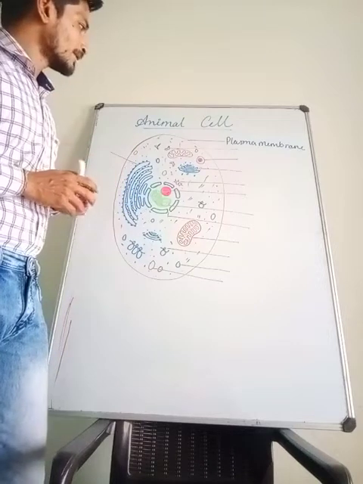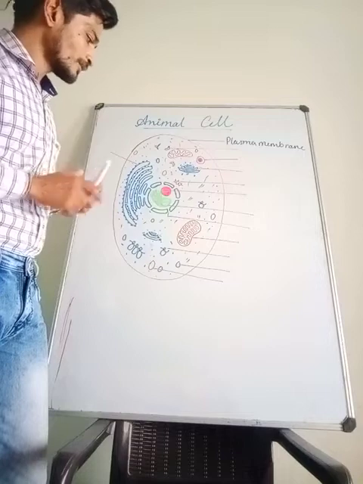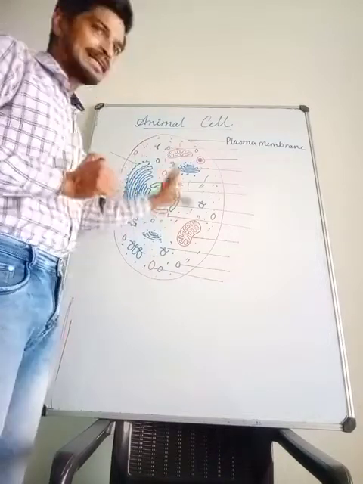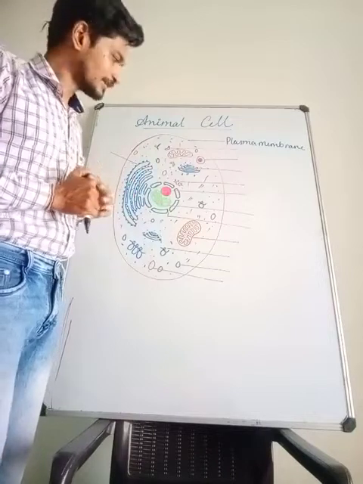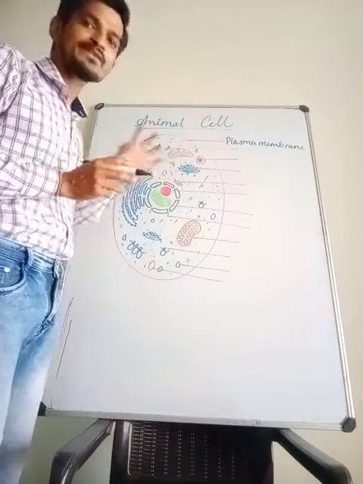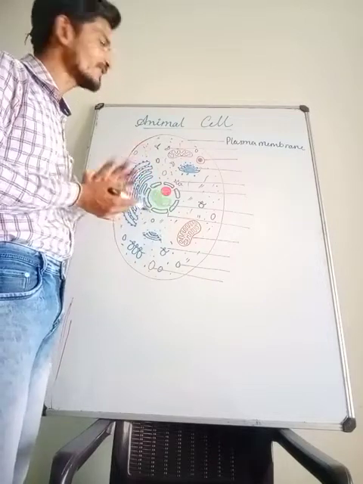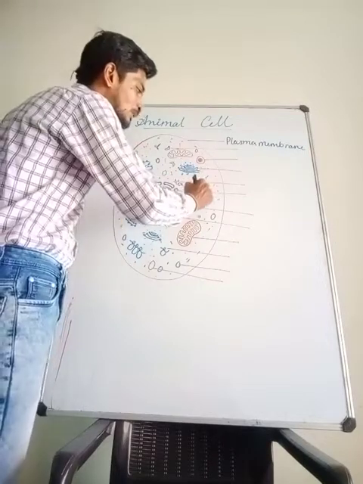After the plasma membrane, we'll talk about the most important thing in the cell. The entire jelly-like matrix or semi-solid substance which is filled inside the plasma membrane, which comprises the cell, is the cytoplasm.